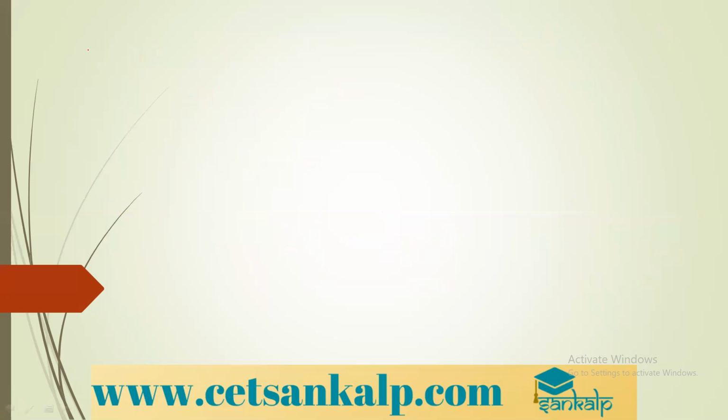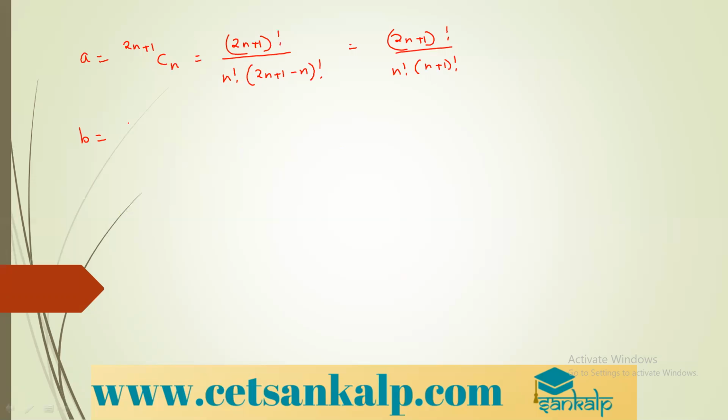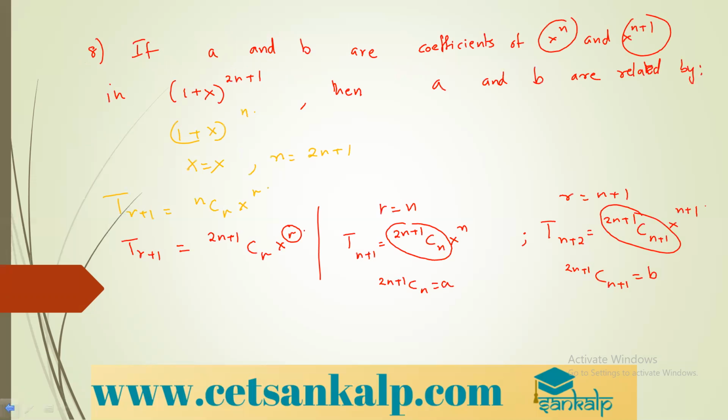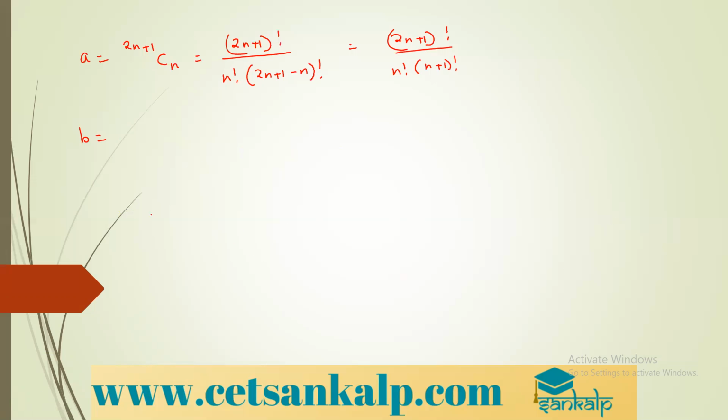So what I will do, I will write A, that is (2n+1)Cn, as (2n+1) factorial by n factorial into (2n+1 minus n) factorial. That means (2n+1) factorial by n factorial into (n+1) factorial. Similarly, B. In the previous page, you see, B is (2n+1)C(n+1).